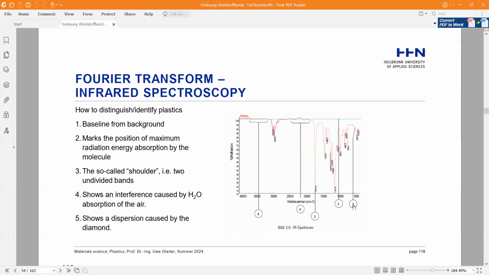Third, the so-called rooter, or two indivisible bands. At point 4, so point 4 shows an interference caused by water absorption of the air. Point 5, in the area 5 shows a dispersion caused by the diamond.